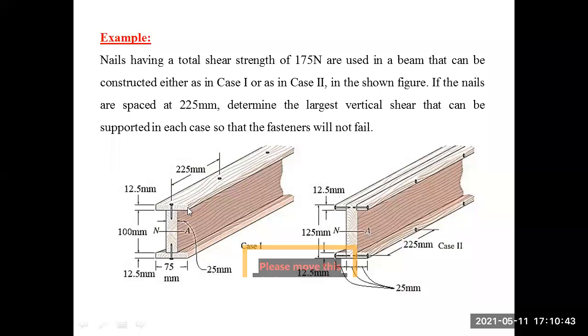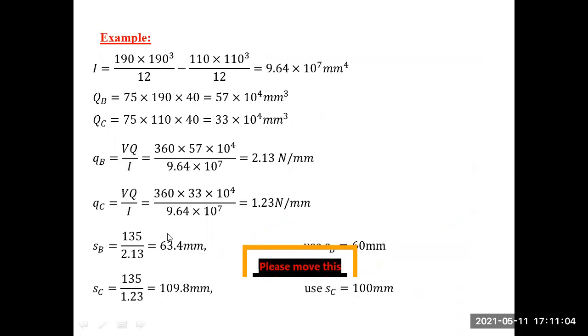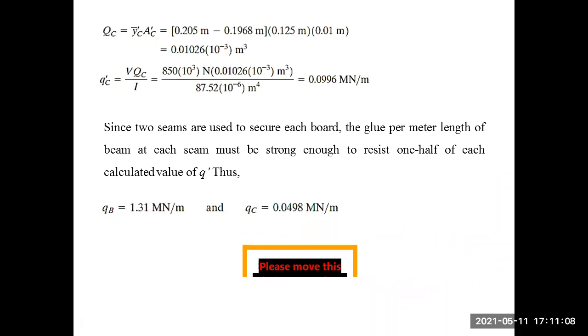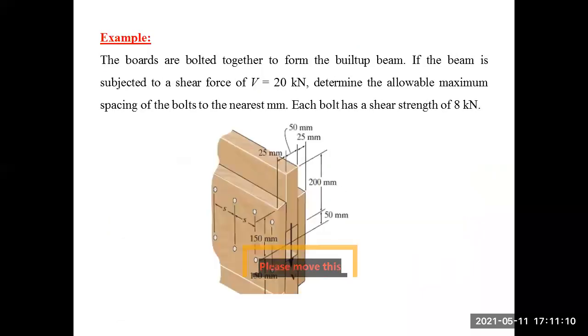To estimate shear flow would enable us to know how many rivets or screws we could place, or what the spacing between the screws would be, if we know their shear strength. That is the importance of knowing about shear flow. Okay, this is how important shear flow is.